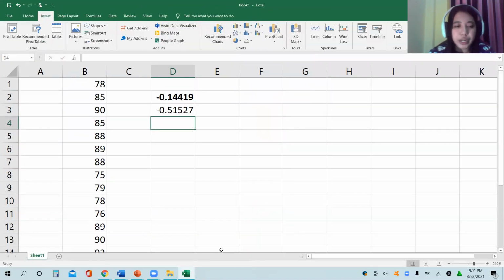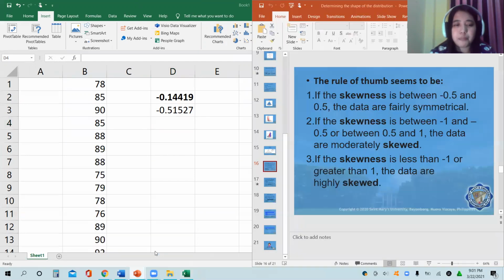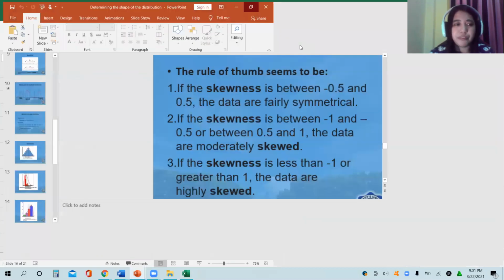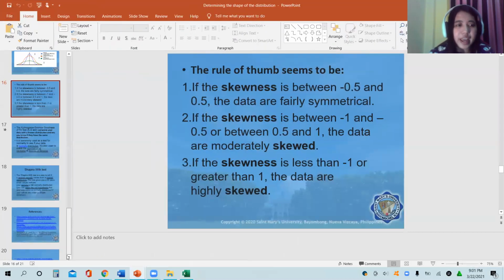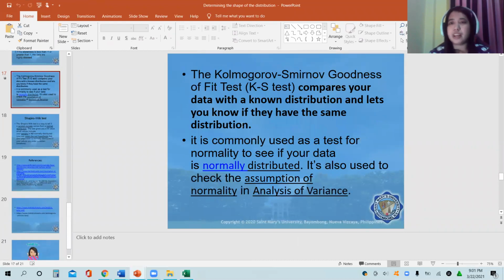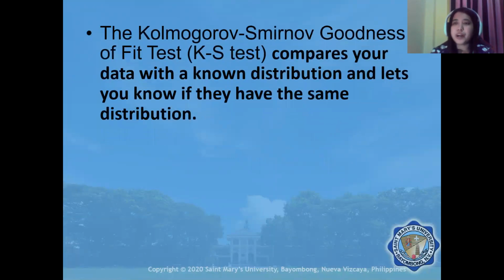So we actually have one more way to determine the shape of the distribution, and that is with the use of an inferential method, which we call the Kolmogorov-Smirnov goodness of fit, or simply the KS test.